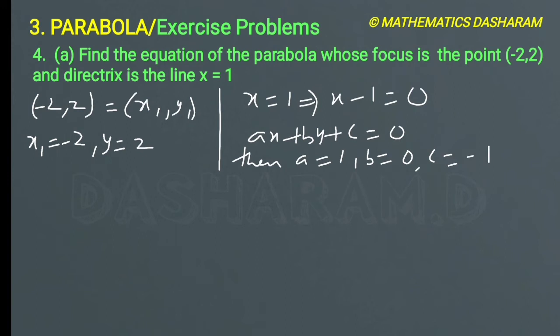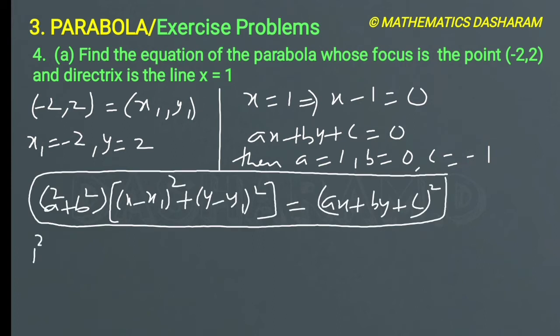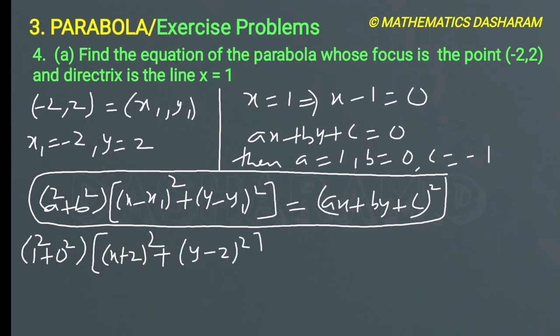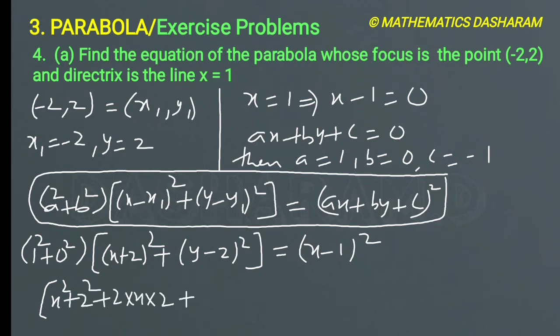So we have one formula to find the equation of a parabola. a value is 1, so 1 squared, b value is 0, so 0 squared, times (x - x1), x1 is -2, so (x + 2)² plus (y - y1), that is (y - 2)², equals (x - 1)². So 1 squared is 1, 1 plus 0 is 1, so then here x² + 2² + 2 times x times 2, a plus b whole square formula.